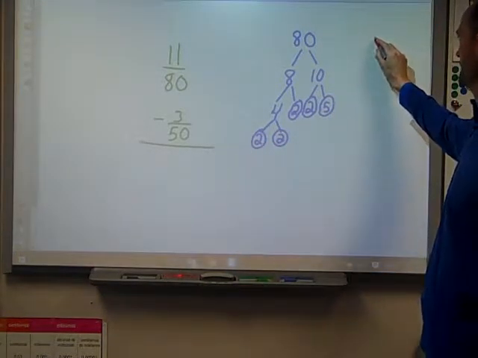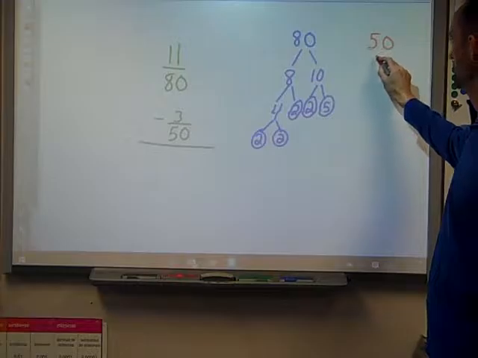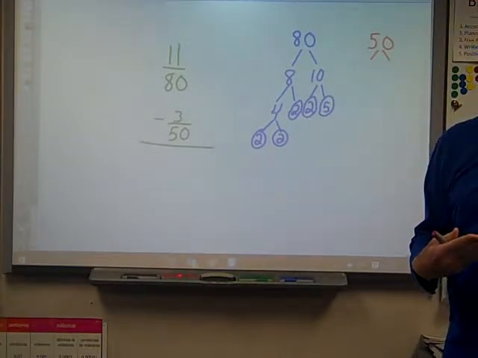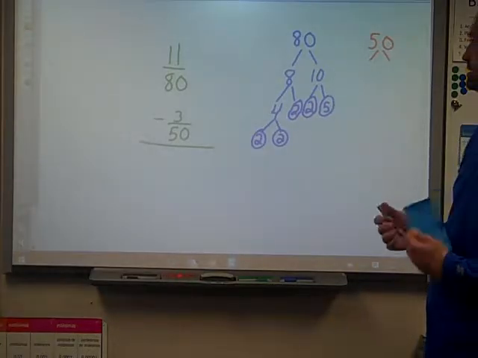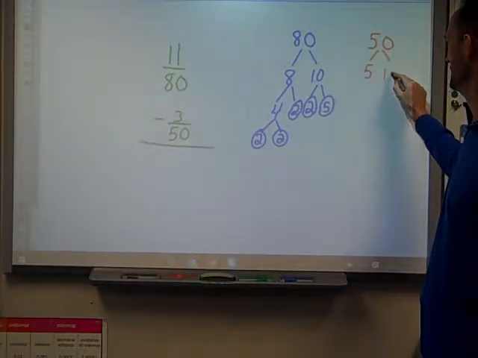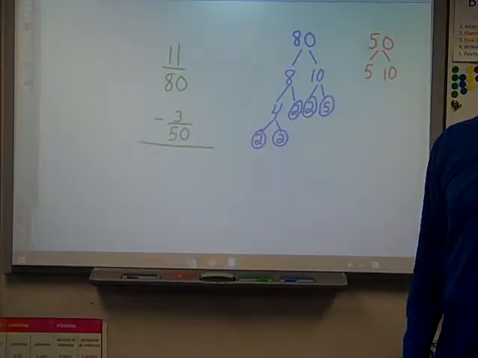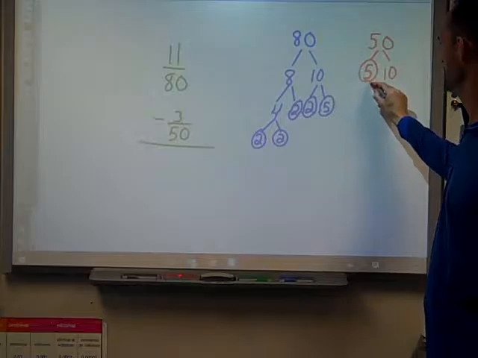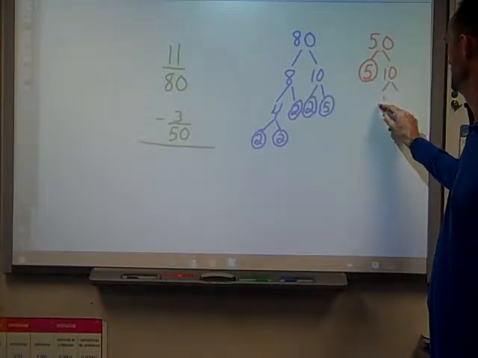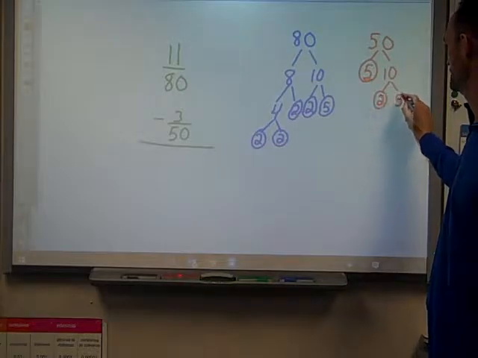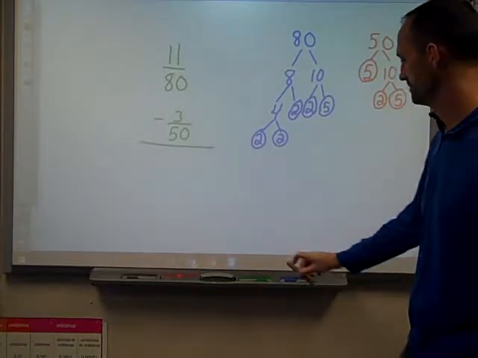Then I take 50. Again, any two numbers that equal 50 when we multiply. I'm going to go with 5 times 10. We could also use 2 times 25. 5 is prime. 10 equals 2 times 5. Those are both prime.